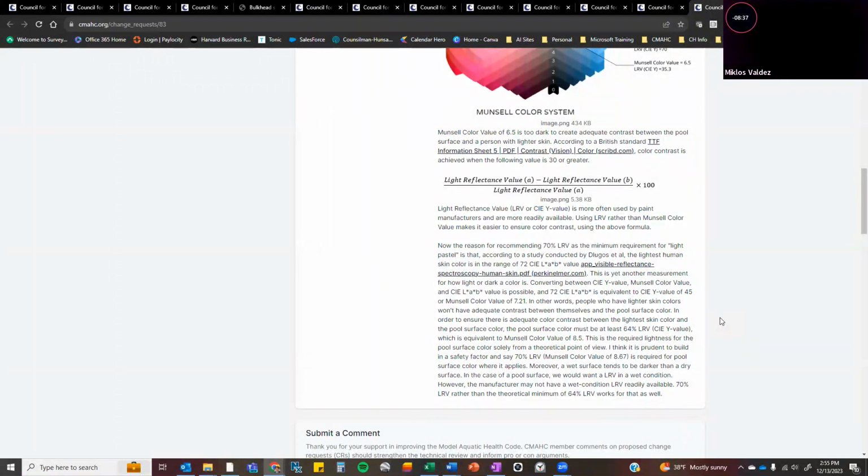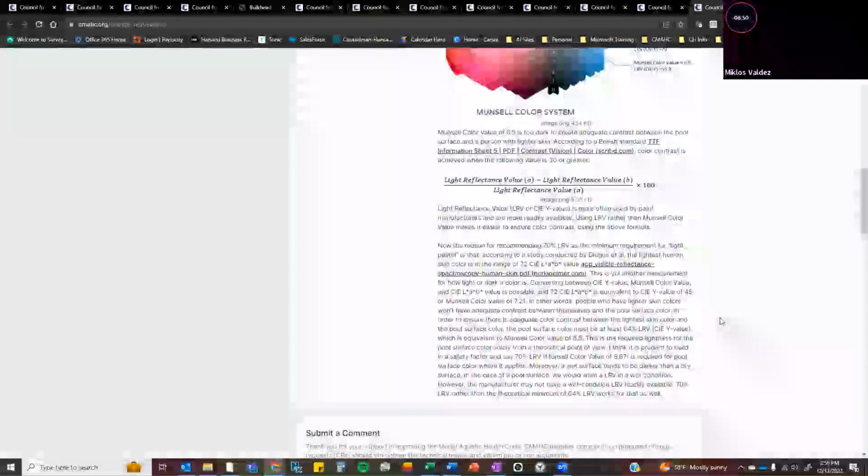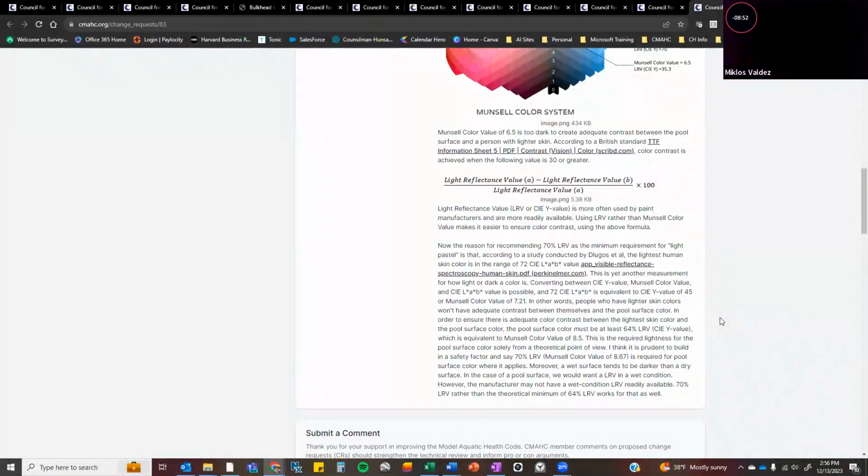And then I think in the documentation, it's saying, in order to ensure there's an adequate color contrast between the lighted skin color and the full surface color, it must be at least 64% light reflective value, which is a Munsell 8.5. This is the required lightness from a theoretical point of view.